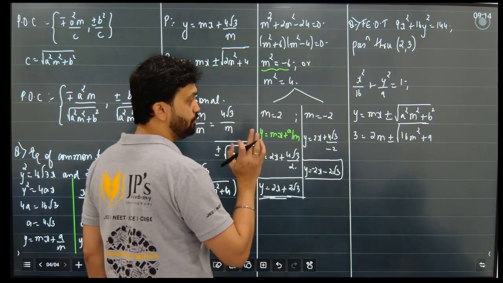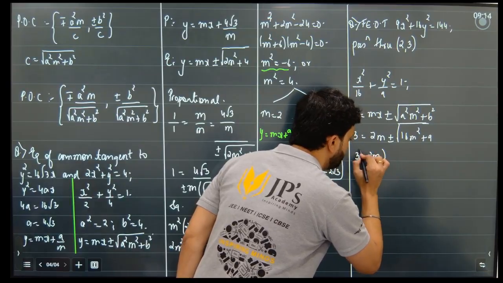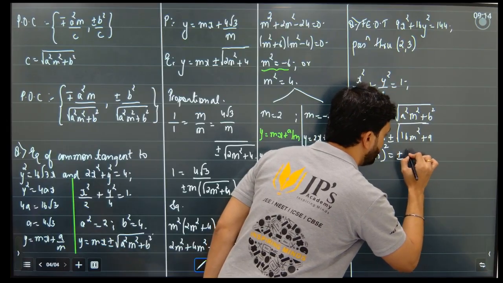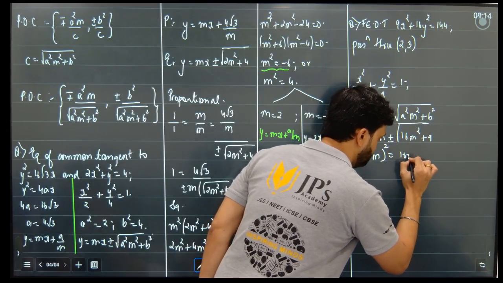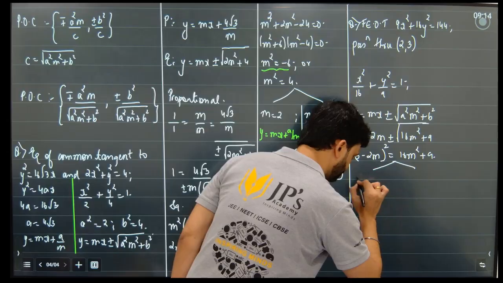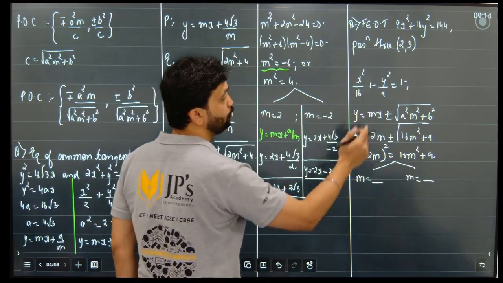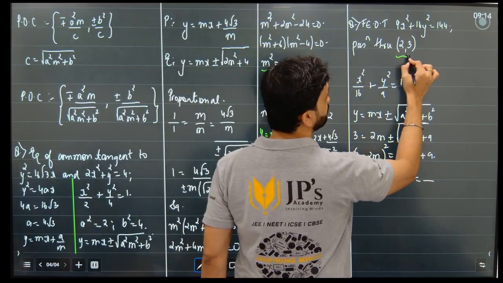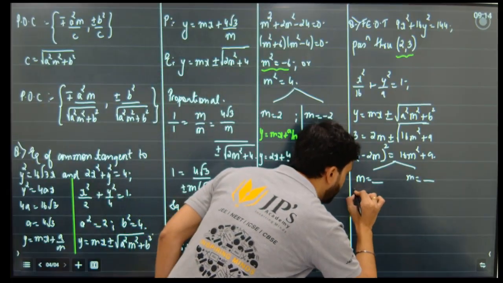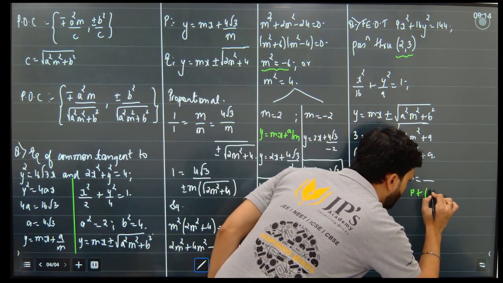And now all you have to do is just substitute the value. 3 minus 2m is equal to plus minus under root of 16m square plus 9. Guys, you will get two values of m. You have the slope and you have the point. Point is 2, 3 here.